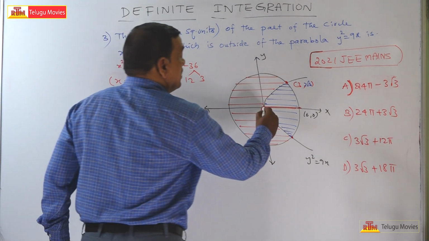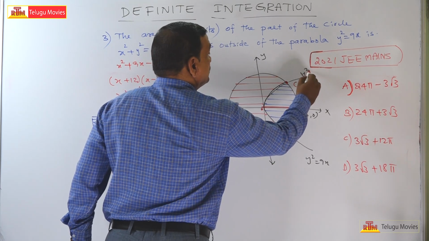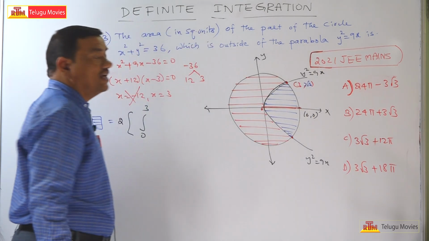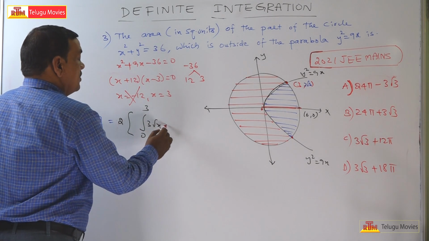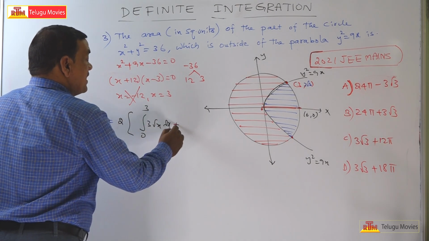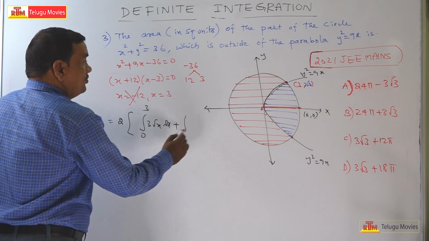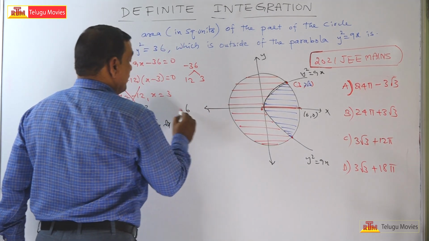What is this upper curve? This is y square is equal to 9x, therefore y is equal to 3 root x, dx, plus integral 3 to 6.